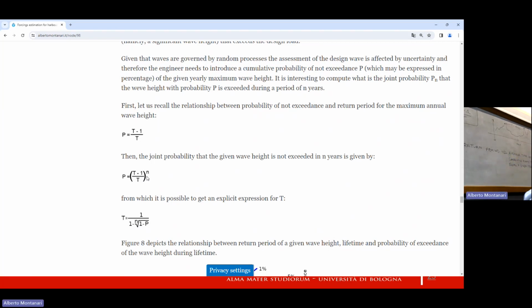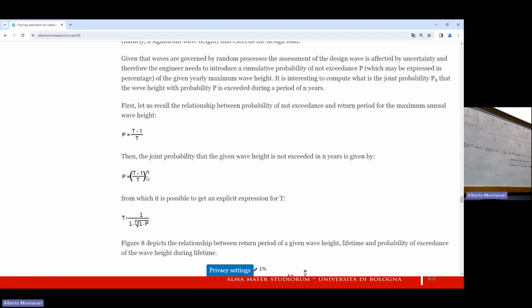It is the probability that in one given year, I get the wave height that is used for the design. So when I say probability is 0.99, this is the probability that in a given year, I get a wave height lower than the design one. The complement is the probability of getting a wave height equaling or exceeding the design one in 1 year.